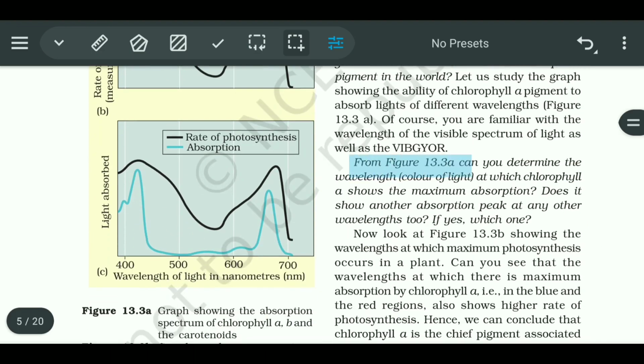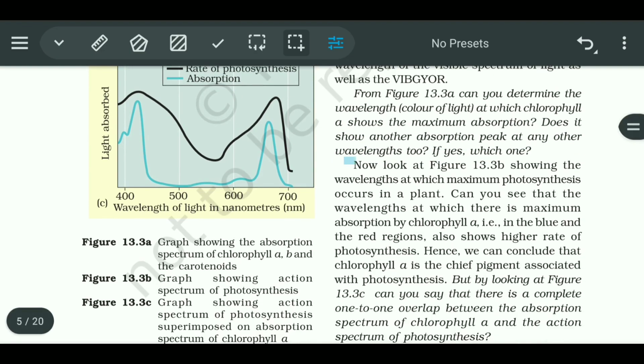From Figure 13.3a, can you determine the wavelength of light at which chlorophyll a shows the maximum absorption? Does it show another absorption peak at any other wavelength too? If yes, which one?